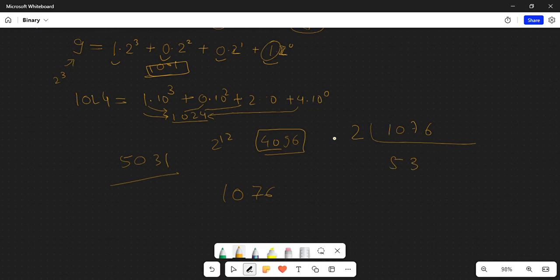We divide by 2 and write the remainder along with it. So 253, write the remainder 0, then 2 plus 0.